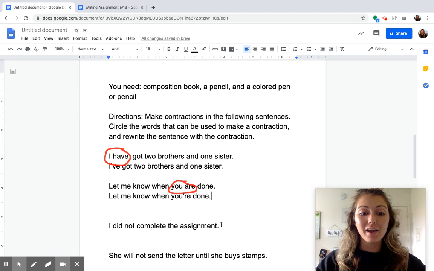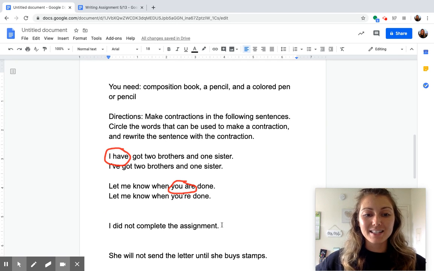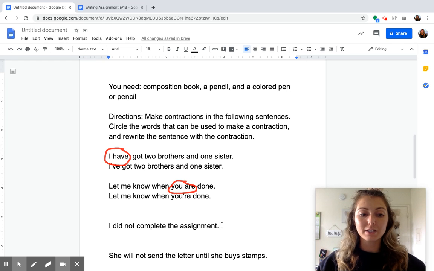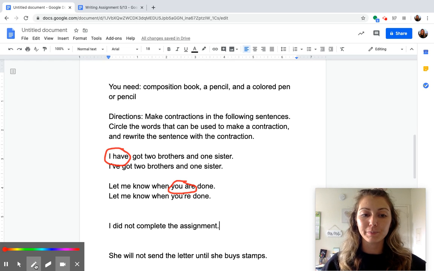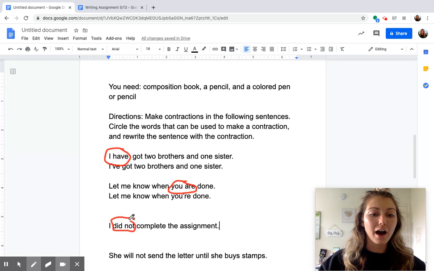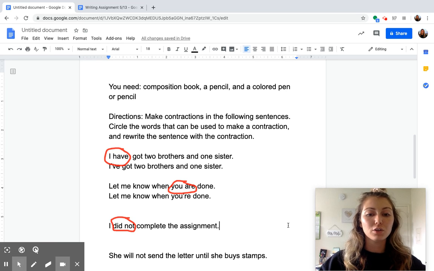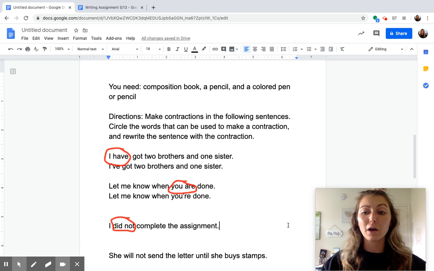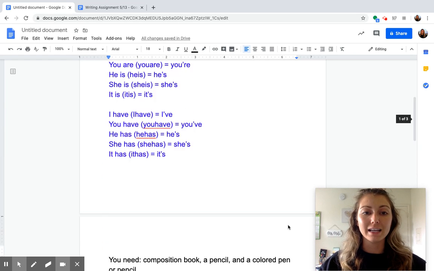Awesome. Next sentence says, I did not complete the assignment. Which 2 words can be used to create a contraction here? Yeah, did and not. We can combine those 2 words to create the contraction didn't.